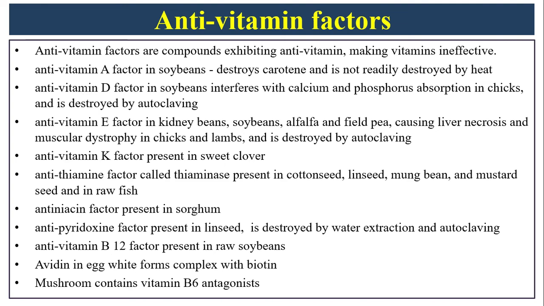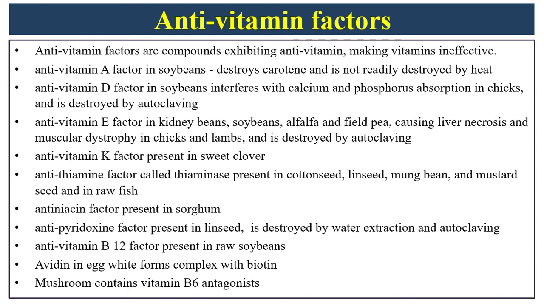Antithiamin factor called thiaminase is present in cottonseed, linseed, mung bean and mustard seed, and in raw fish too. Anti-niacin factor is present in sorghum.